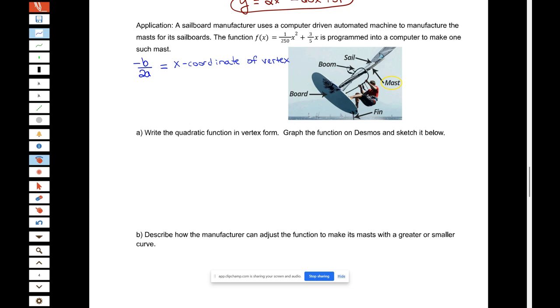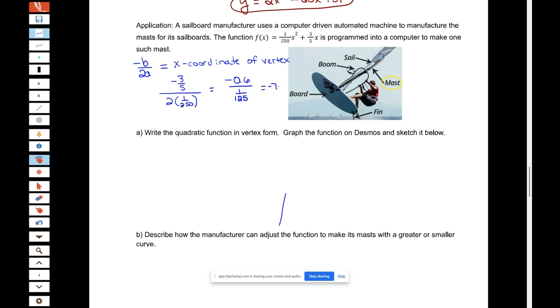So negative b over 2 times a. Now I'm just going to use my calculator to change that to decimal form. So negative 3/5 or 0.6 divided by the fraction 2 over 250, which is 1 over 125. When I do that, it gives me the value of negative 75.